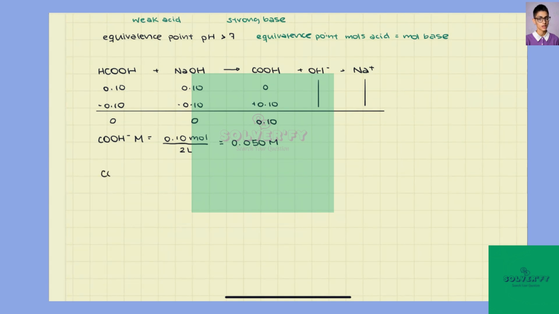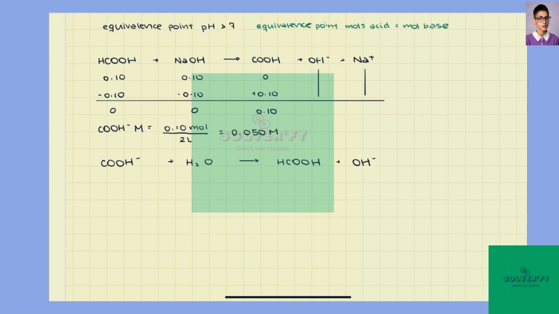Next, we will construct another ICE table and solve for our molarity of OH minus, where we can eventually find our pH of the titration. This is our equation.